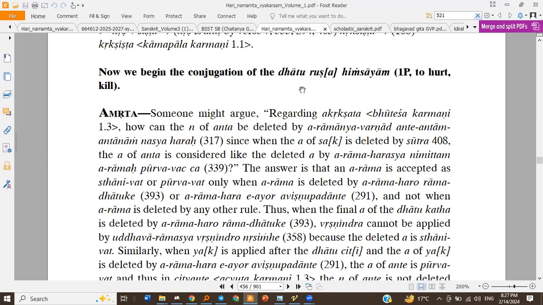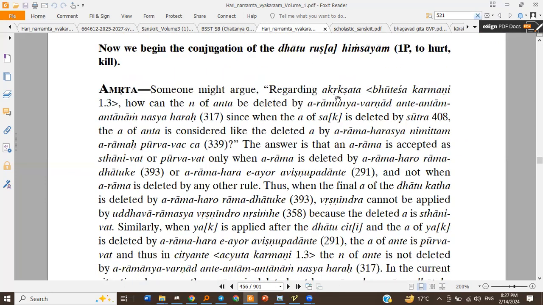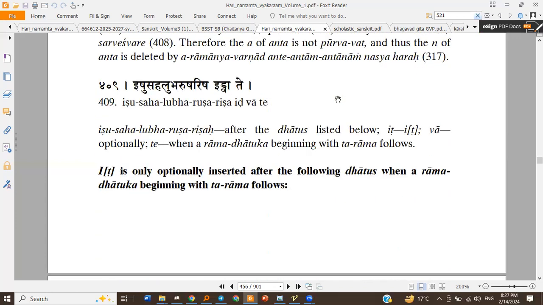The next dhatu is Rush Hingsayam. Words like Rusht, Rosh, and so on come from this root Rush. It means to hurt, kill. So Ishu Sahi, Ishu Saha Lubha, Rusha Risha, Idva Te.